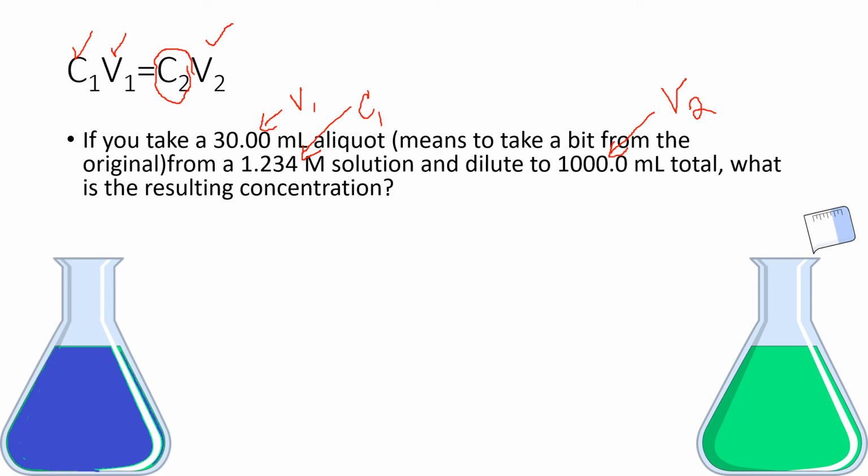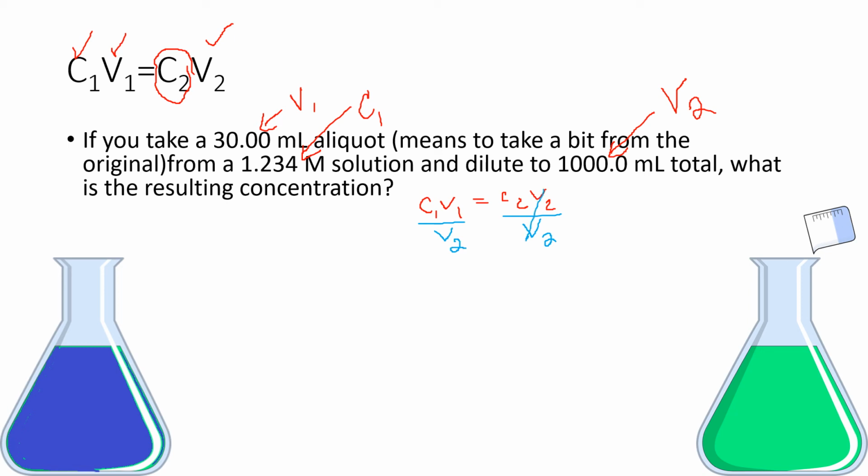All right, so I want to get the C2 by itself. So C1 V1 equals C2 V2. Now, if I want that V2 to go away, I need to divide by V2 so that it'll cancel. But if you do something on one side of an equation, you have to do it on the other.